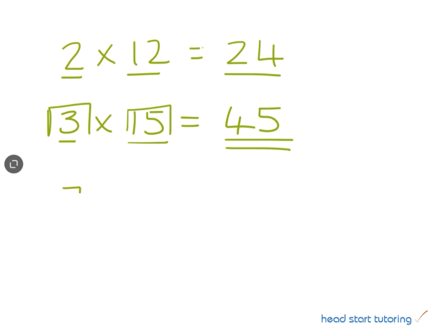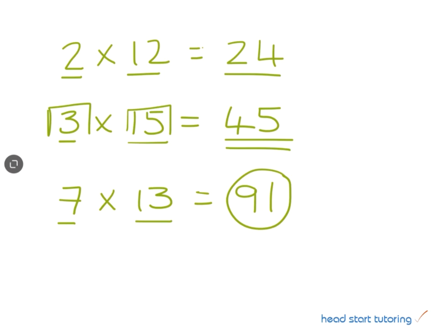Let's look at 7 times 13, which gives us an answer of 91. 7 is therefore a factor of 91, as is 13. 91 is therefore a multiple of both 13 and 7 because it would appear in both the 7 timetable and the 13 timetable.